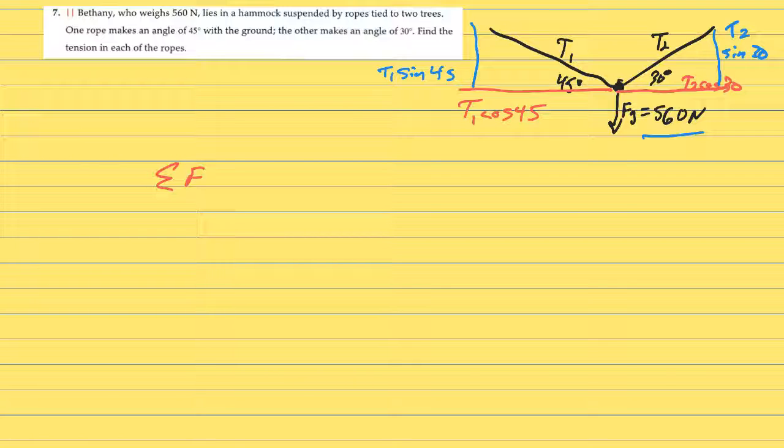Sum of the forces in the, that's an x, believe it or not, equals 0. All my forces are negative T1 cosine of 45 degrees plus T2 cosine of 30 degrees. And all of that equals 0.